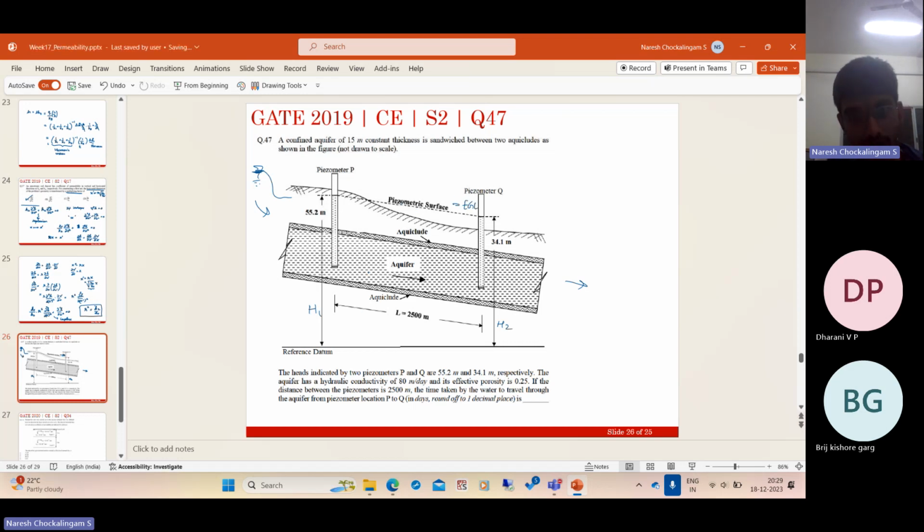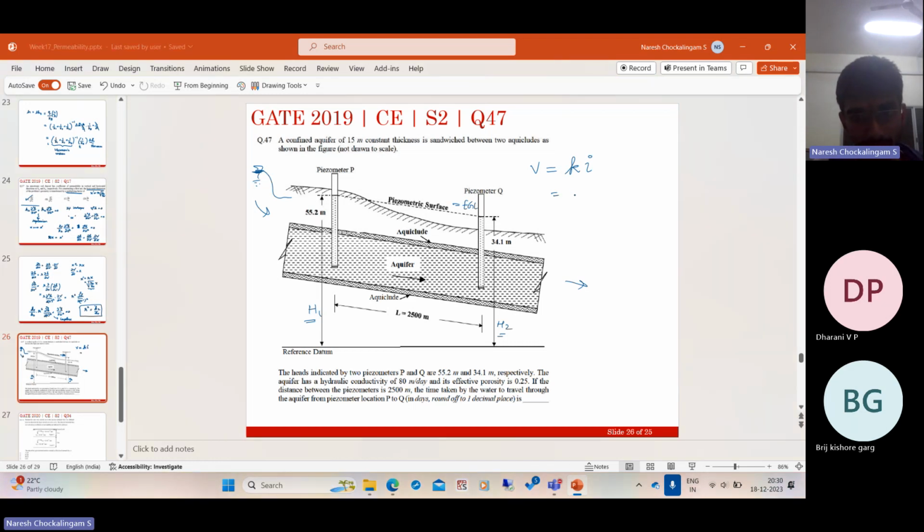And if you assume this is 1D flow, we already proved that in 1D flow, the head drops linearly. So this is the total head at point 1, this is the total head at point 2. Now we can find the discharge velocity. What is the discharge velocity? It is the permeability into I. I is constant because it is linear.